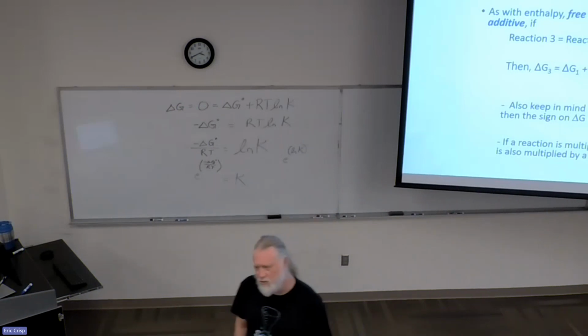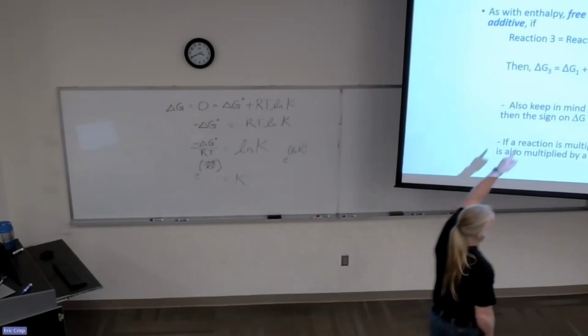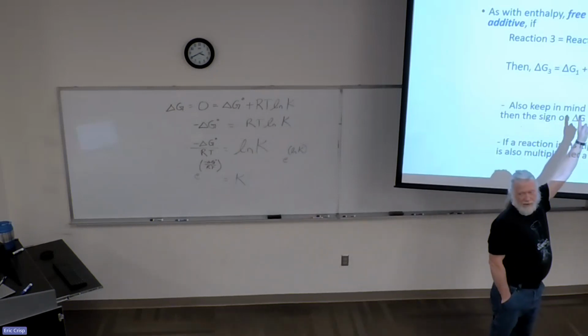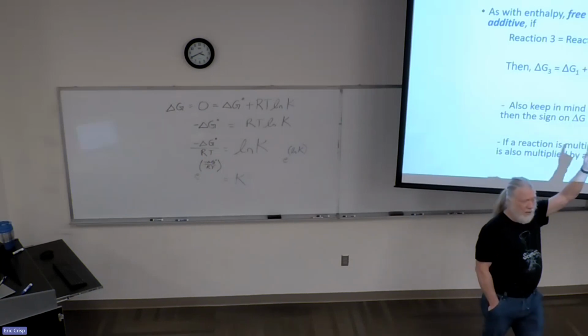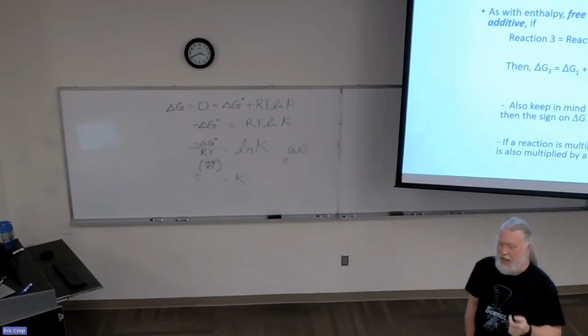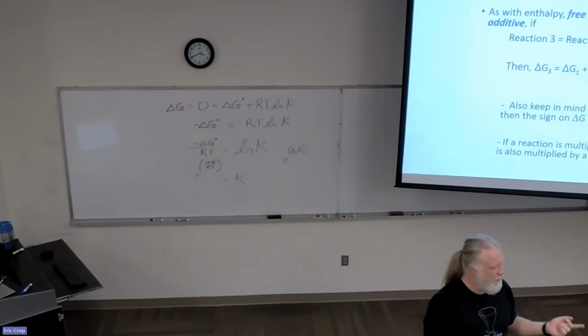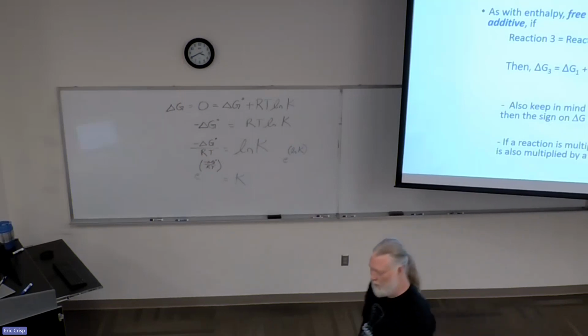How do non-spontaneous reactions occur? We staple them to a bigger spontaneous reaction. It's called coupled reactions. Coupled reaction thermodynamics is how you get non-spontaneous things to happen, right? That's how the mitochondria are the powerhouse of the cell.